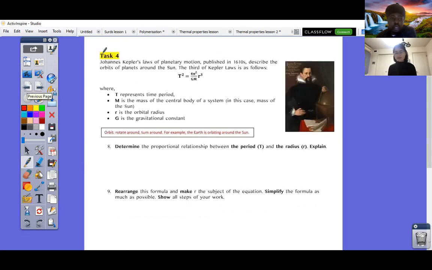Were you okay for task 4? Did you work through task 4 fine with no problems? There were problems, but I only solved 8 and 9. That's fine. So you want us to look at task 4 as well? It would be nice. Yeah, good.